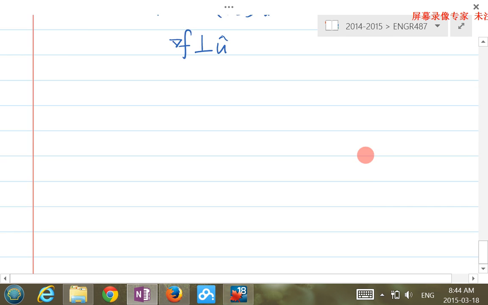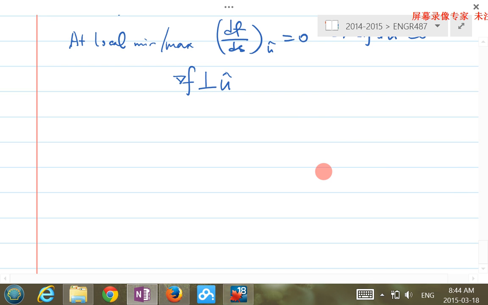So now think about it in the xy plane. Here's a u hat. Del g is perpendicular to it. And then you also have a del f at a local min, local max. It's also perpendicular to u hat.